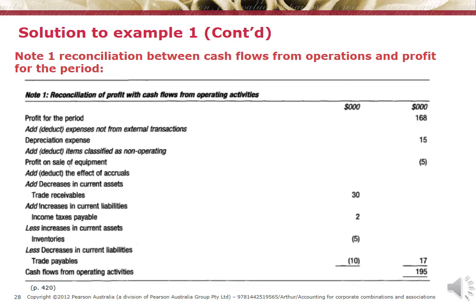And then trade payables, that's moved from 120,000 to 110,000. So we'll deduct that decrease in trade payables there. So the total change, adding up all those accounts and deducting from profit for each respective account, equals 195 adjustment, which is reconciled to what we calculated on the previous slide.